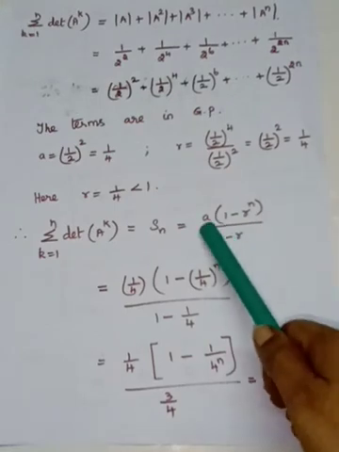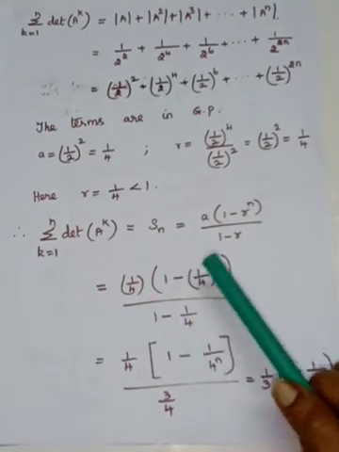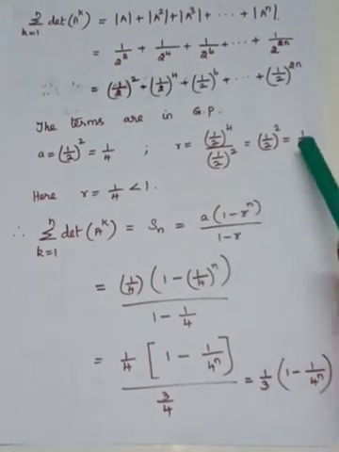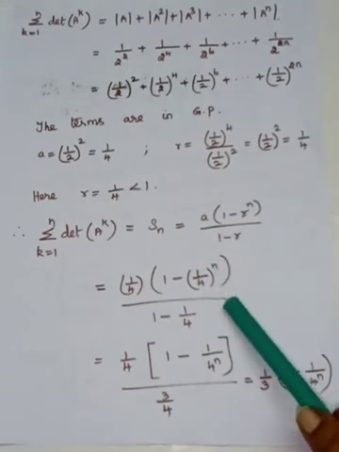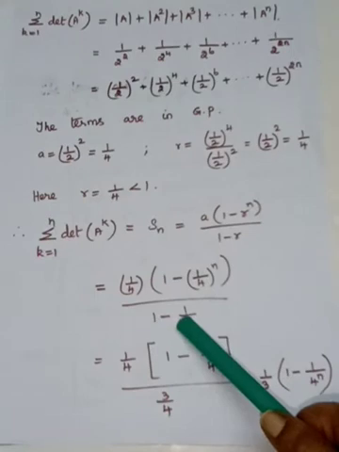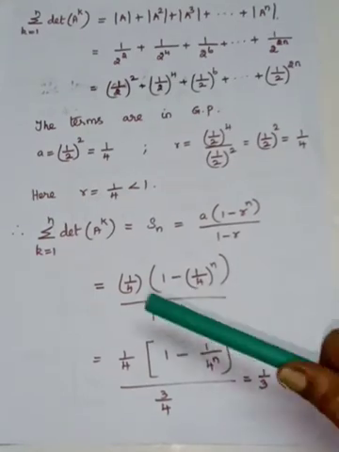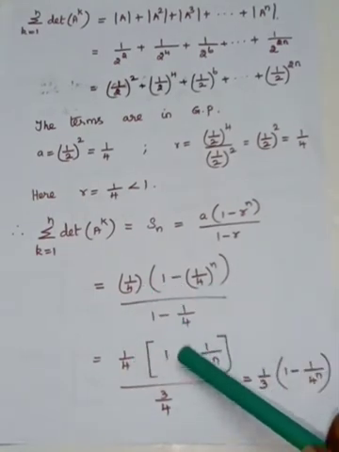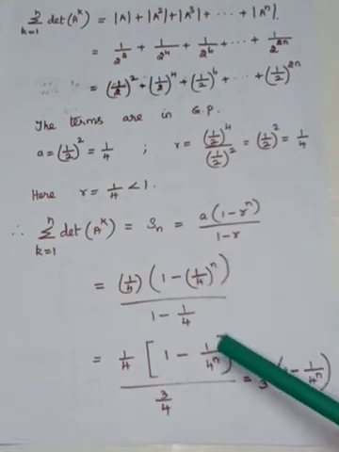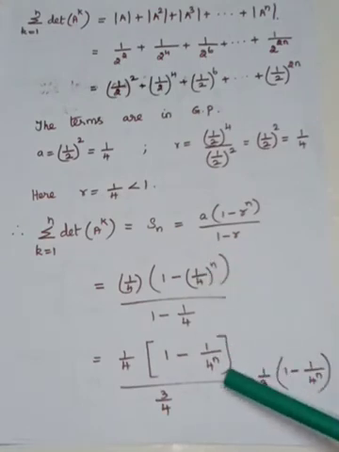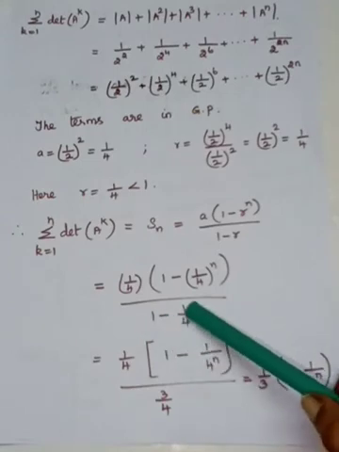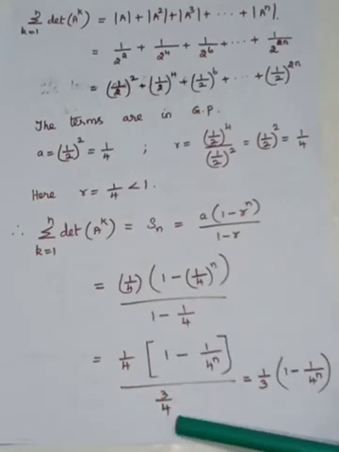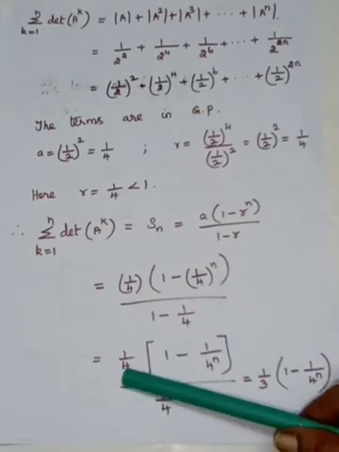Okay, so in the place of A you have to substitute 1 by 4. 1 minus, what is your r? R is 1 by 4. So 1 by 4 the whole power n divided by 1 minus 1 by 4. So 1 by 4 into 1 minus 1 by 4 power n, divided by, if you take LCM, 4 minus 1 by 4, that is 3 by 4. This 4 and this 4 get cancelled.